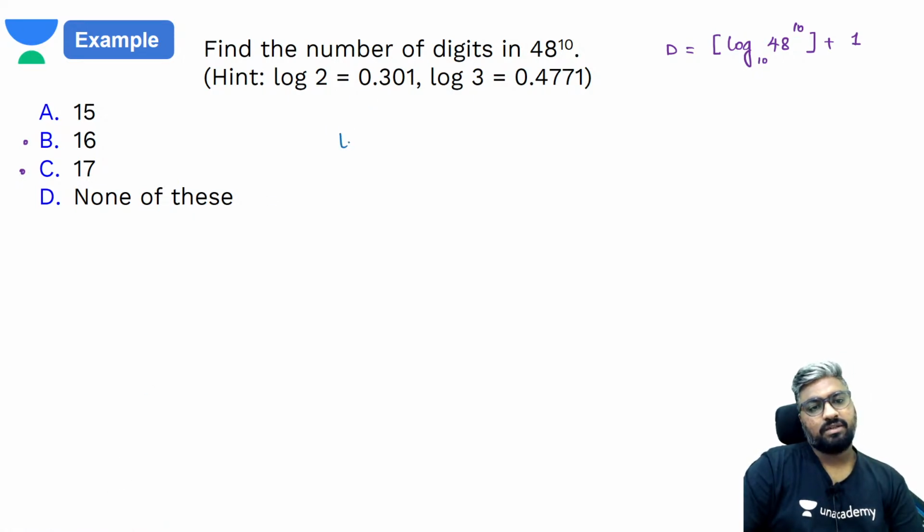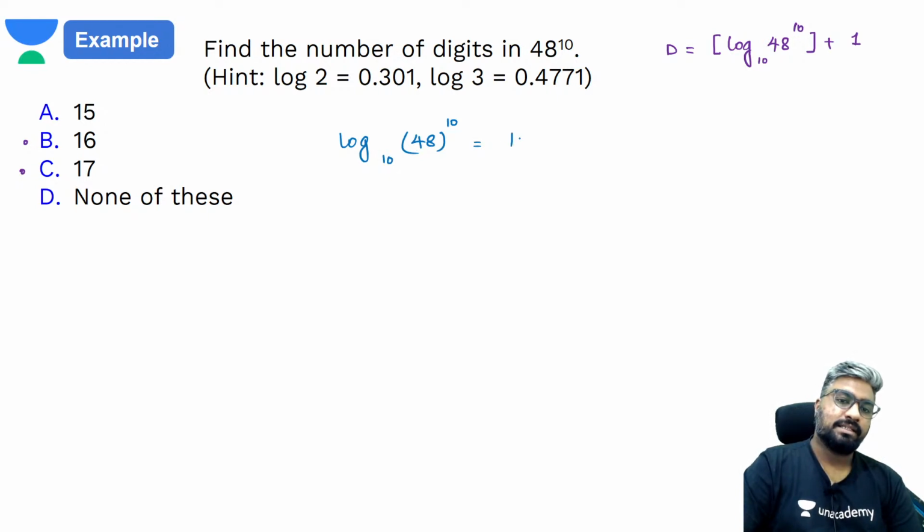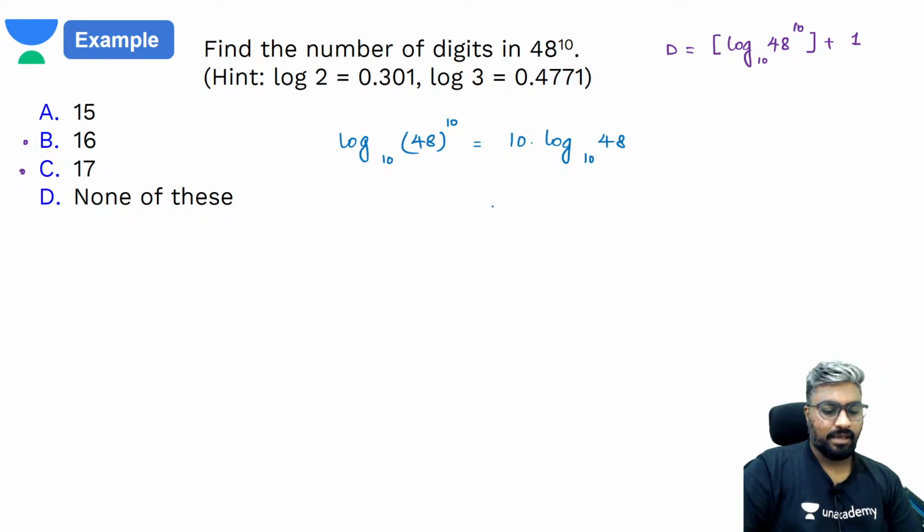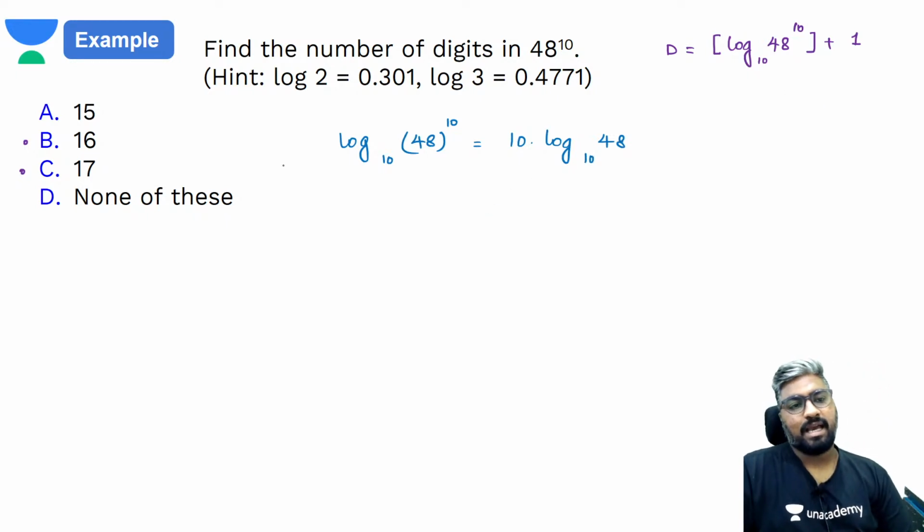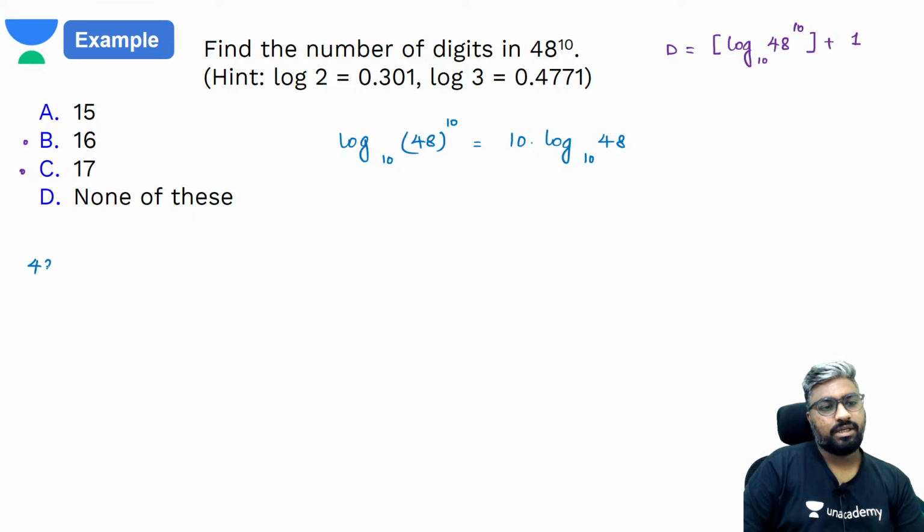We have to first find out log of 48 to the power 10 to the base 10. We can write it as 10 into log 48 to the base 10. What is 48? 48 is nothing but 16 into 3, and 16 is 2 power 4, into 3.